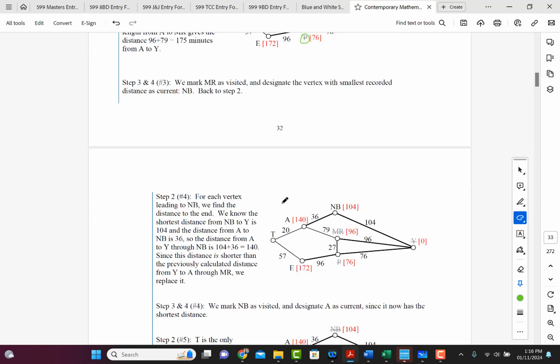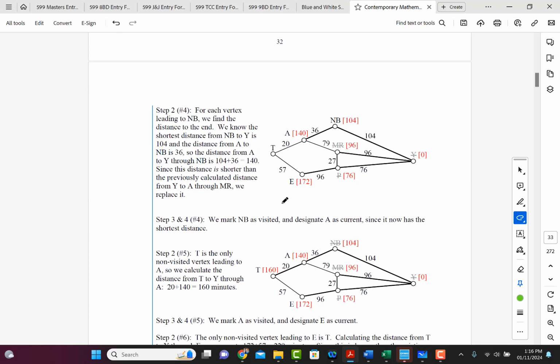Now notice how these are all struck out. And now we're doing this one, and we look at this distance. So now A is 140 minutes from our destination.